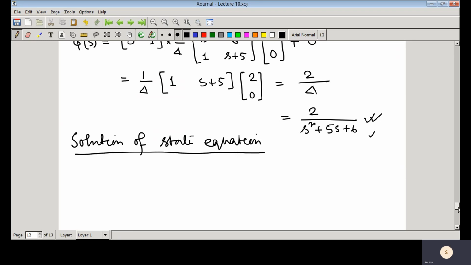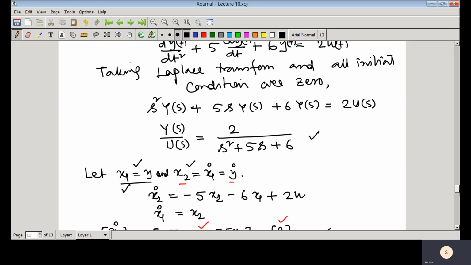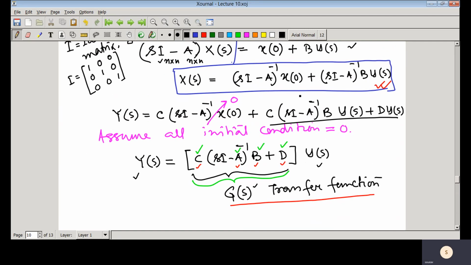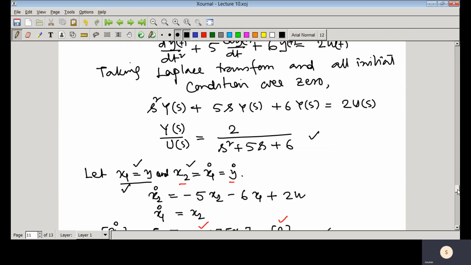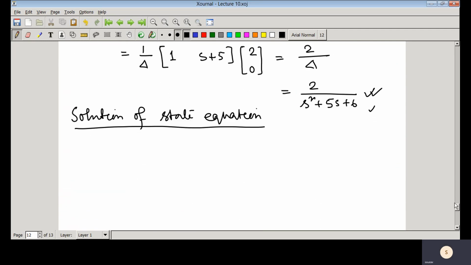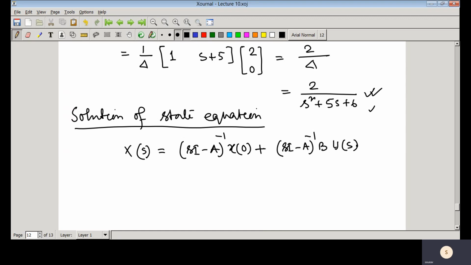How to find the solution? We have seen that X(s) equal to (sI minus A) inverse x(0) plus (sI minus A) inverse B U(s).